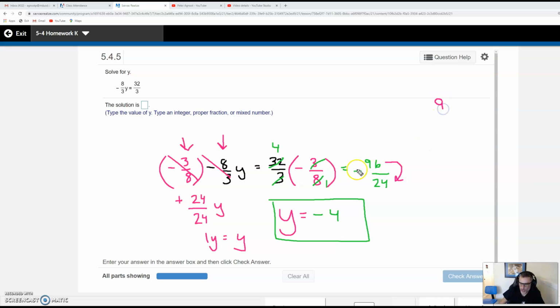And we know it's going to be negative because we have one negative sign. So if I did 96 divided by 24, this is going to go in 4 times. 4 times 4 is 16, carry the 1. 4 times 2 is 8, plus 1 is 9. And remember, it is negative. Boom, so there's my negative. So either way, we get the same result.